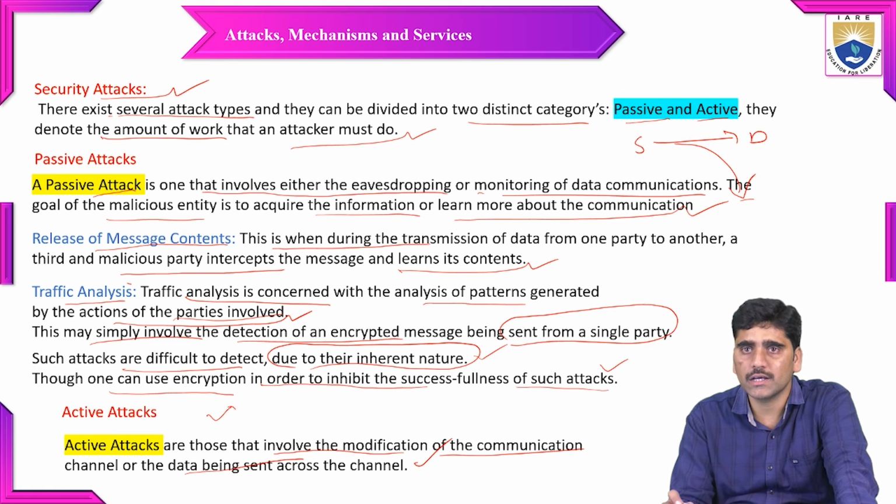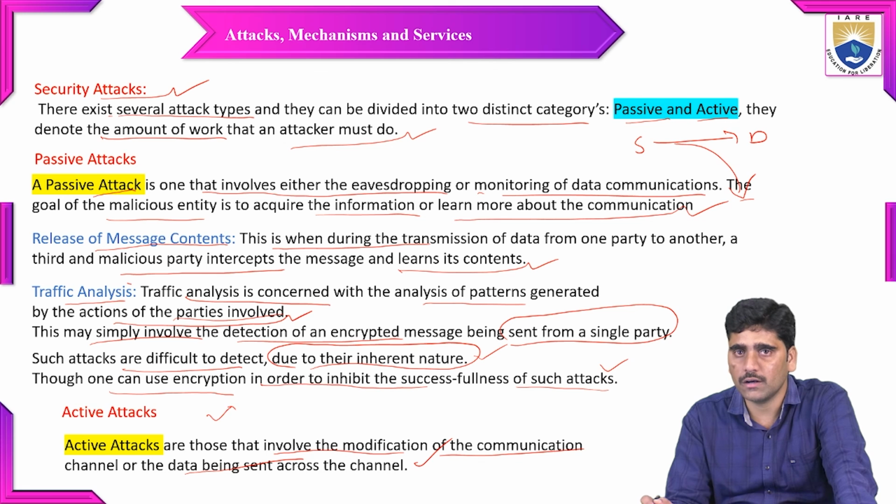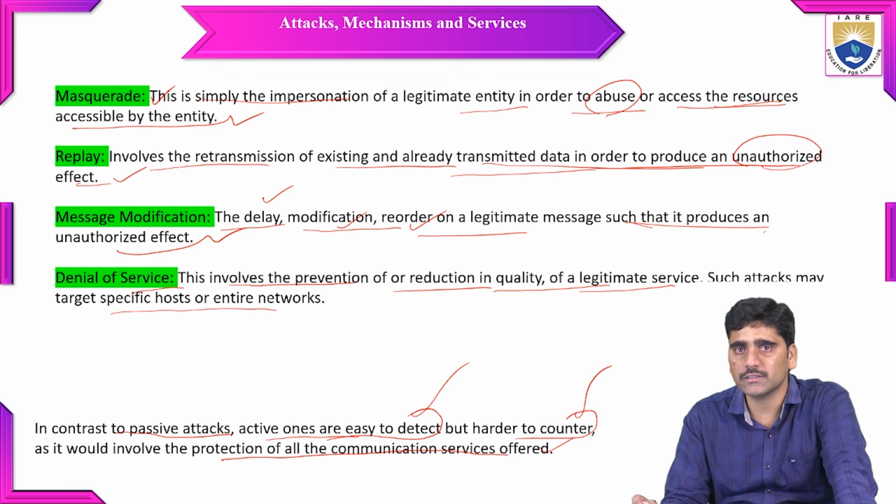Passive attacks do not take actions; they just sit and monitor the communication channel or data. Active attacks involve modification of the communication channel or the data. Some active attacks are masquerades, replays, message modification, and denial of service.